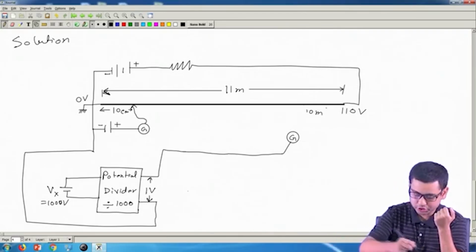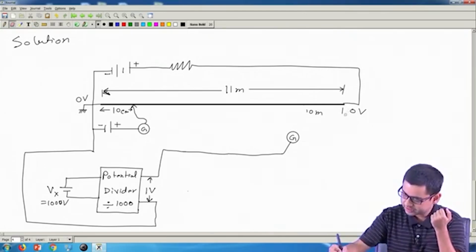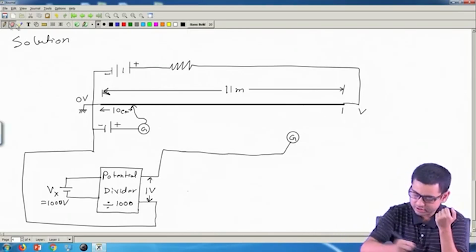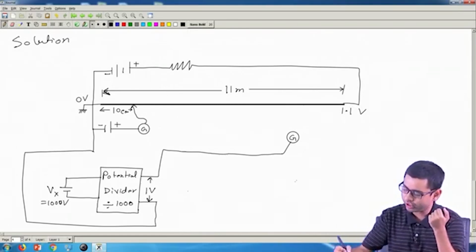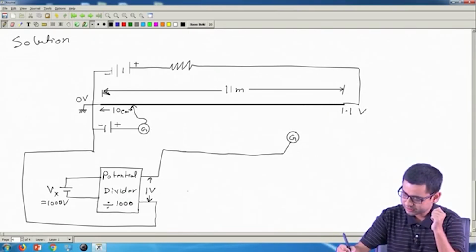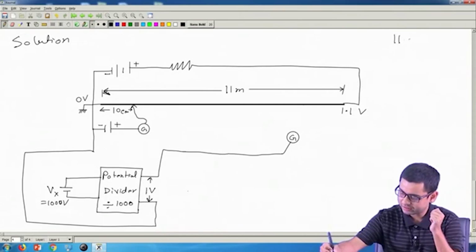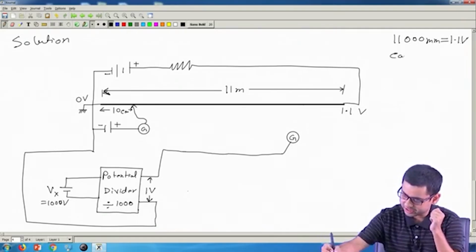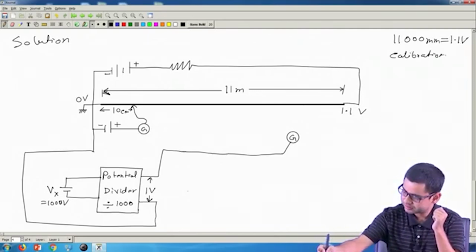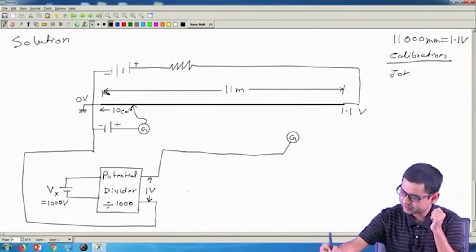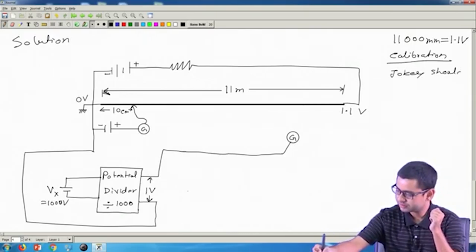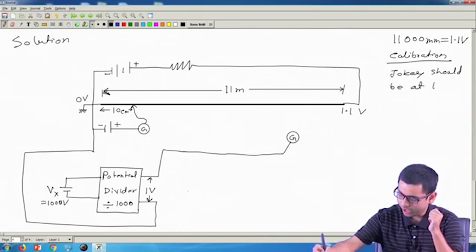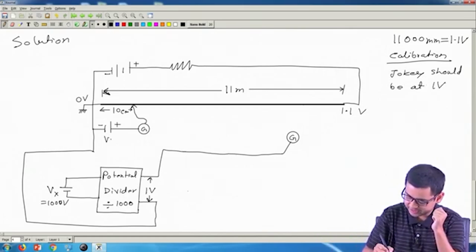Therefore, we can choose to set this side to have something around 1.1 volt, that is enough. And if we choose 11 meter or 11,000 millimeter to be 1.1 volt, then for calibration the jockey should be at 1 volt, because this is a 1 volt standard cell.